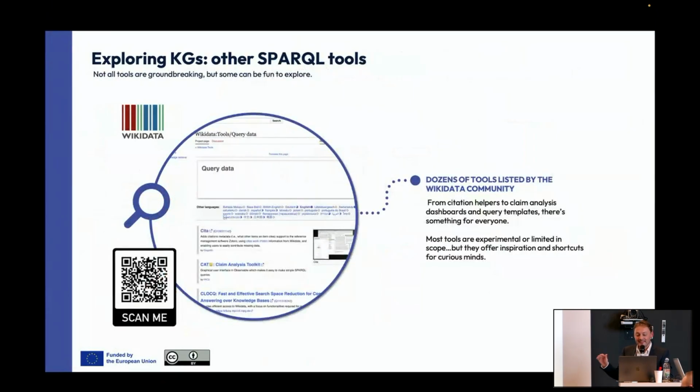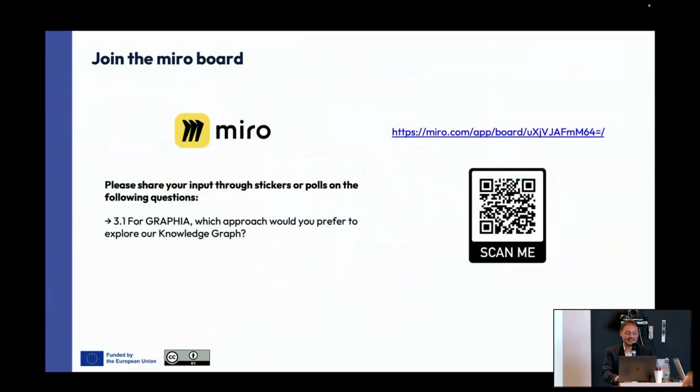And if you are interested, there are also some other tools listed by the Wikidata community. I put the link in the presentation because it could also be interesting if we want to explore other approaches to explore our graph. So that's all.